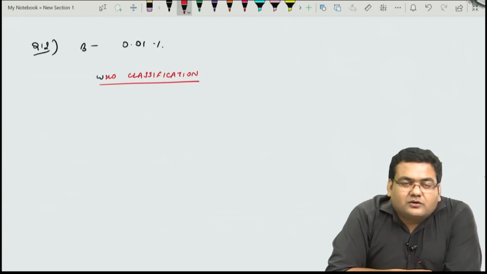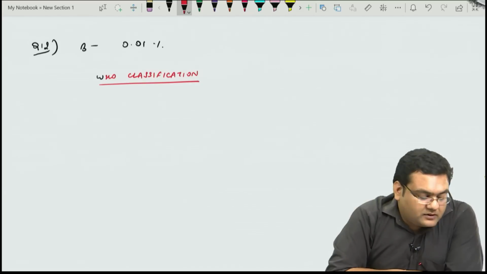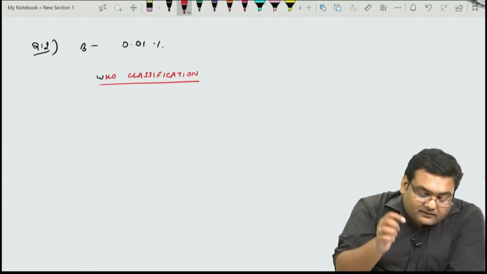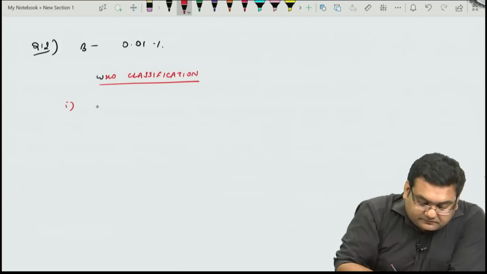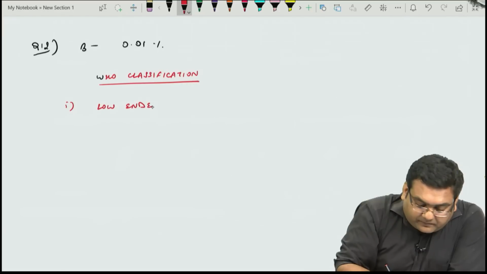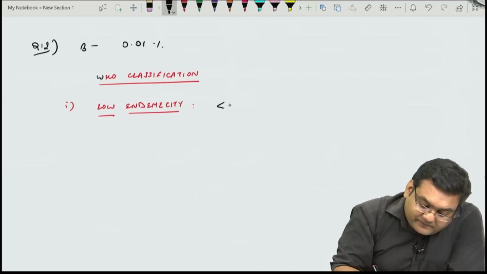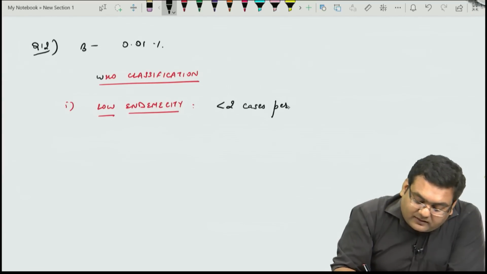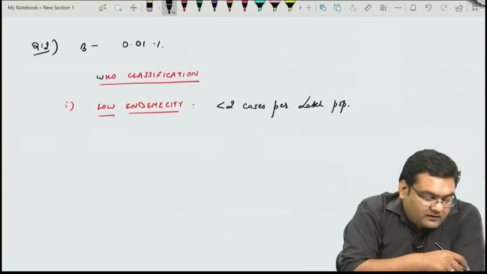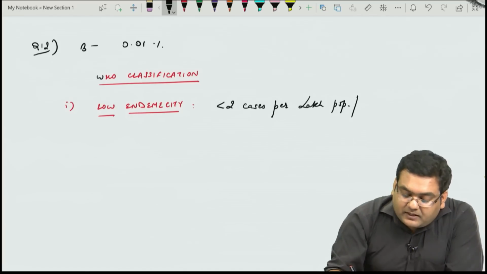What is the WHO classification of endemicity of meningococcal disease? Low endemicity is defined as less than 2 cases per 1 lakh population per year.